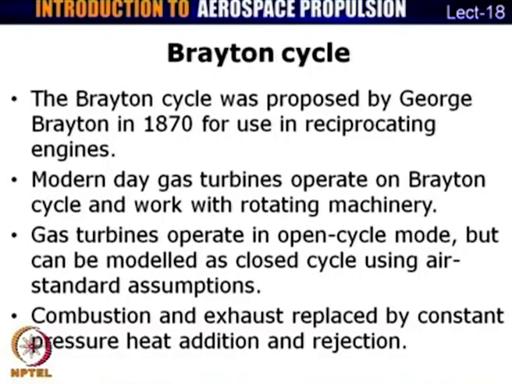Gas turbine engines operate in an open cycle mode, but we can model it as a closed cycle using the air standard assumptions which we had discussed in the last lecture. Using these assumptions, though it operates in open cycle mode, we can approximate it as operating in closed cycle mode.